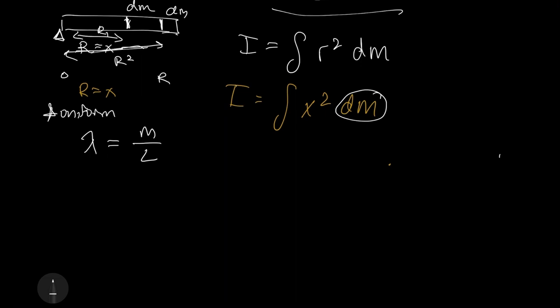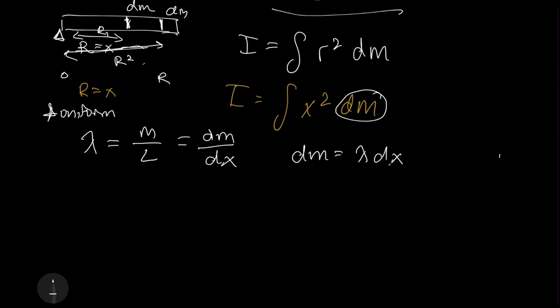And this means for any combination of mass and proportionate length in this scenario, lambda will always be the same. So m over L is going to have the same lambda value as dm over dx. So now we can get dm in terms of dx. So dm equals lambda dx.